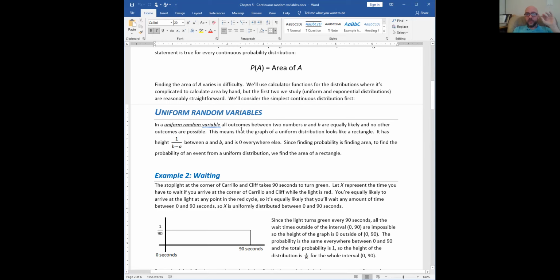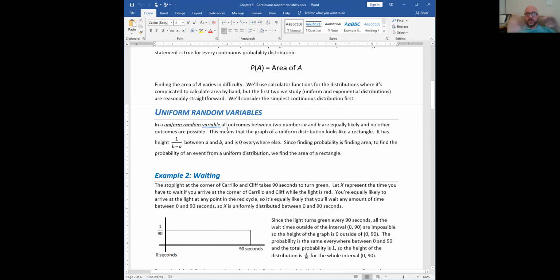So let's see what those look like. Uniform random variables are used in very specific circumstances where all the outcomes are equally likely. And when I say all the outcomes, what I really mean is we're talking about a continuous random variable here. So it's not just integers like it was with discrete random variables, where it's overwhelmingly likely that discrete means integers.